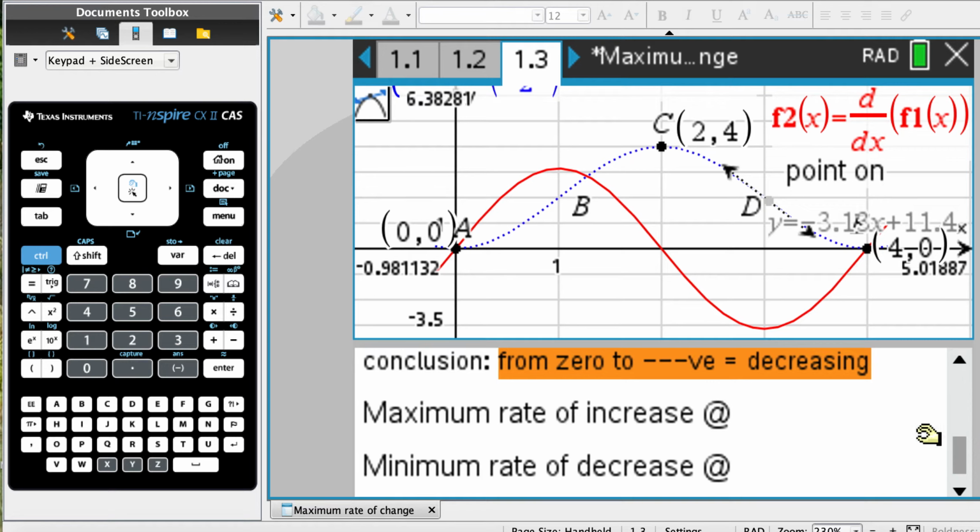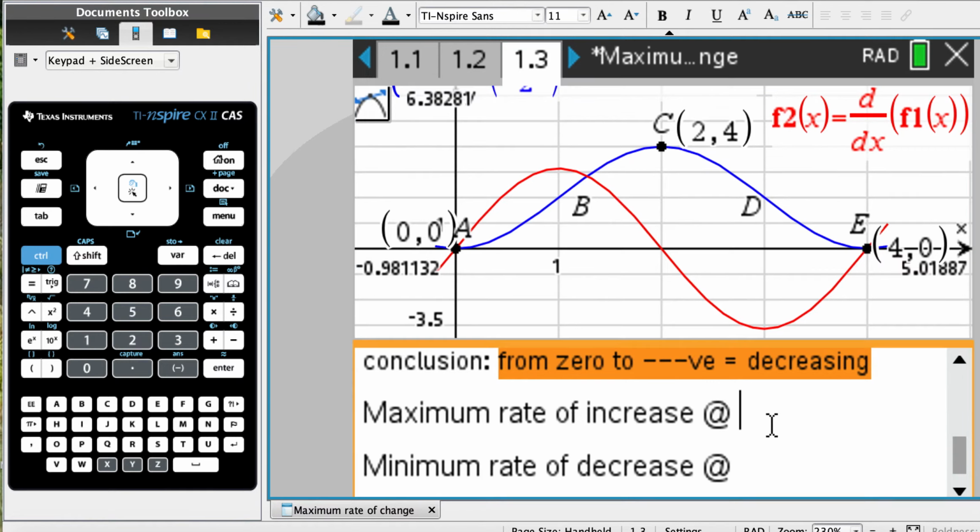So now this is just writing the conclusion. The maximum rate of increase must be when t equals 1. And the maximum rate of decrease must be when t equals 3, isn't it? Now let's back it up to the other two summaries that I showed you before.